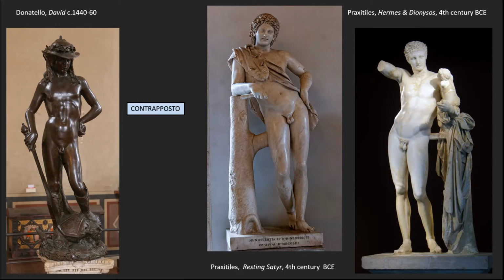So full-size statues, particularly full-size nudes, were something we really didn't see for 1,000 years prior to Donatello's David, right? So this truly is a Renaissance work. It's reviving not only ancient Roman body types, but it's also reviving the idea of the full-scale nude figure. It's simply not seen.